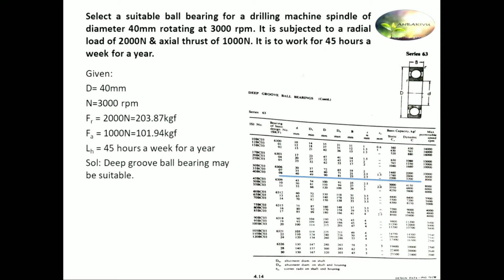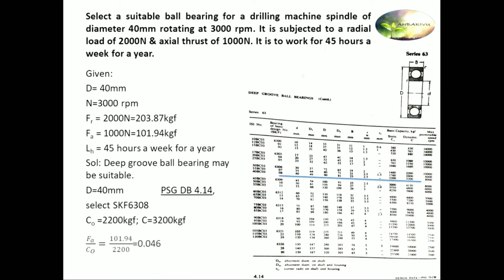Note the static and dynamic load, C naught and C. C naught equal to 2200 kgf, C equal to 3200 kgf. Selected here and noted. Then FA by C naught ratio equal to 0.046.